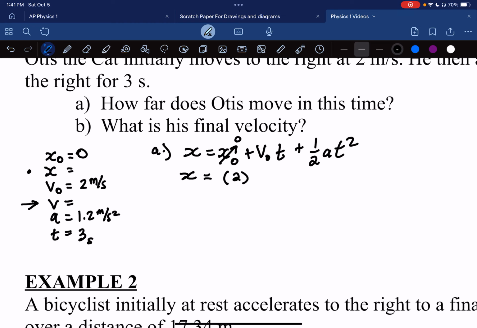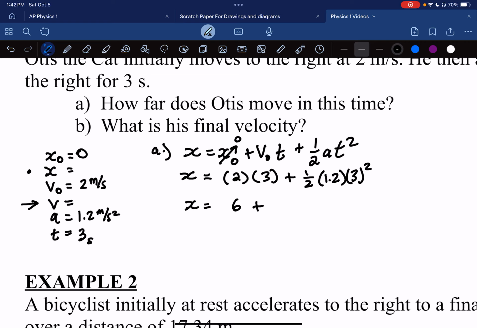Whenever you substitute something, you should put it in parentheses. 3 plus 1/2. And a is 1.2 and 3 squared. Cool, so this is 6. Now I wouldn't normally do it this way. I would just type this all in a calculator. But my calculator is not near me right now. So 3 squared is 9, half of 9, 4.5 times 1.2.